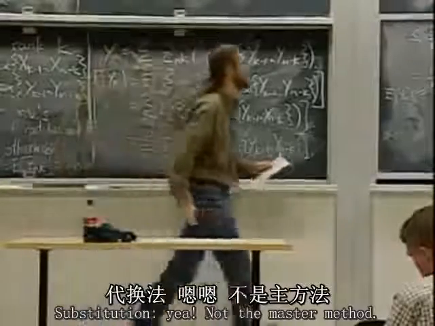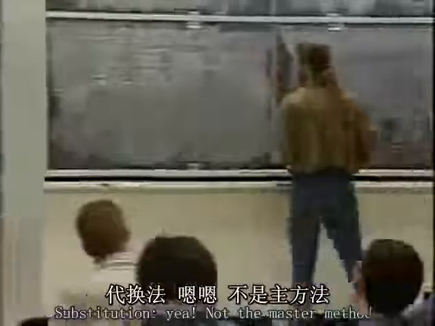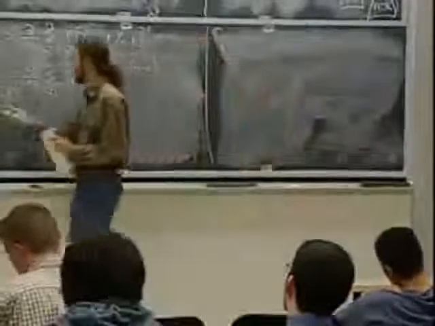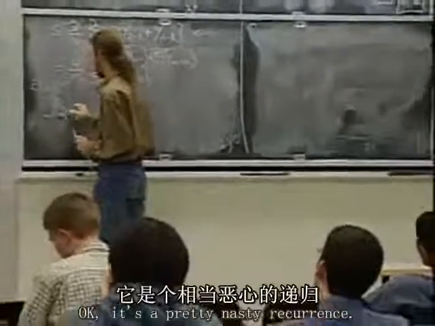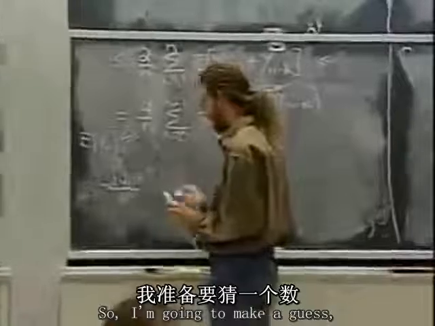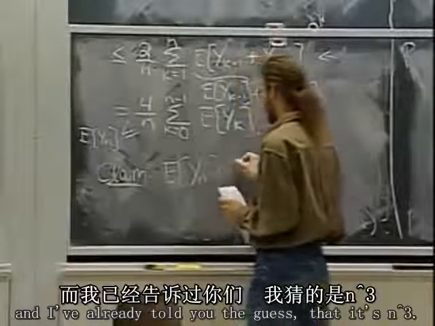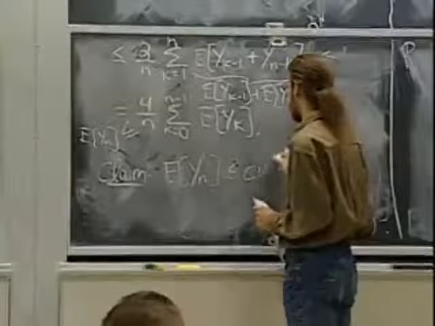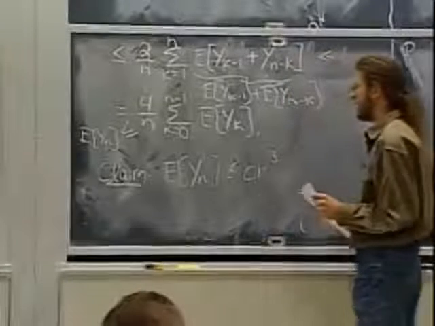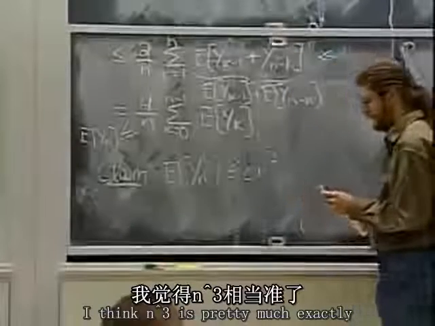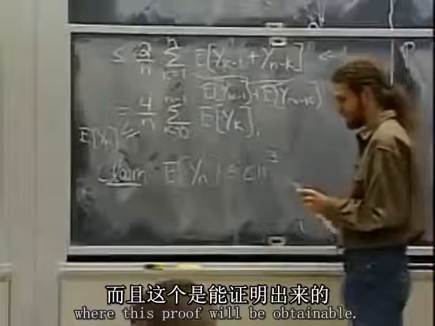Yay! Not the master method. Okay. It's a pretty nasty recurrence. So I'm going to make a guess, and I've already told you the guess, that it's n cubed. I think n cubed is pretty much exactly where this proof will be obtainable.